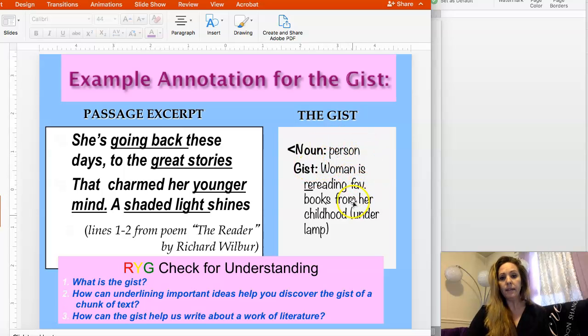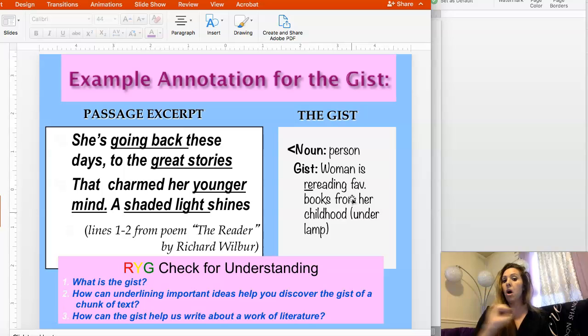So on the right-hand side underneath that, I've asked myself, what is it saying about the noun? What is it saying about the person? So I put, woman is rereading fave books from her childhood under a lamp. That's the idea that I have gathered in my own words, and I want to keep it as concise and brief as possible.